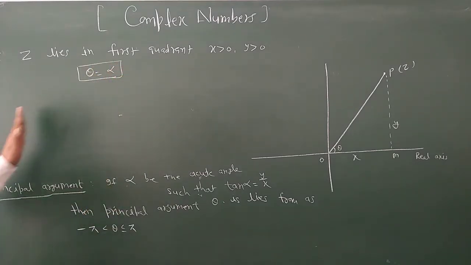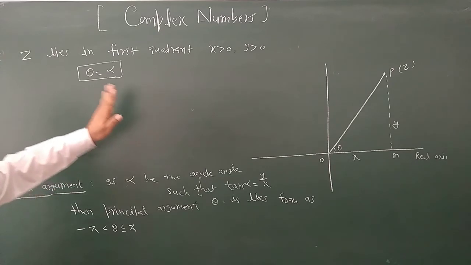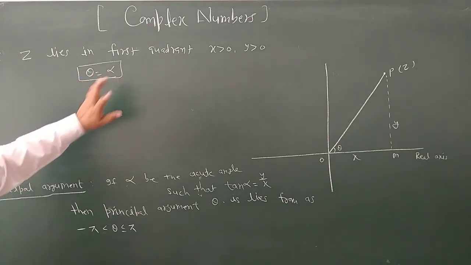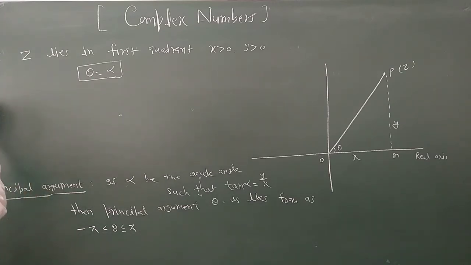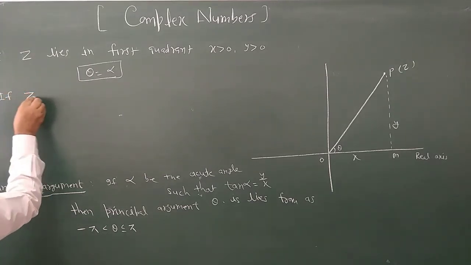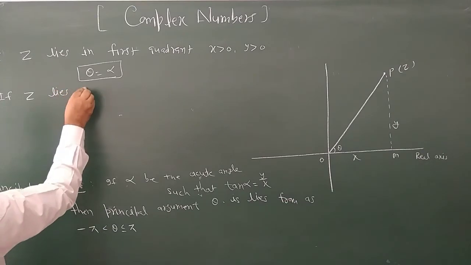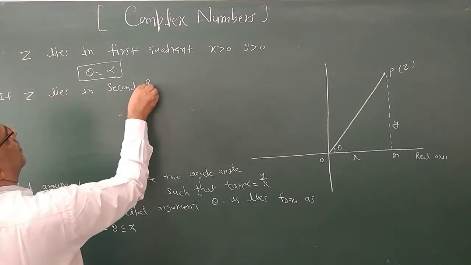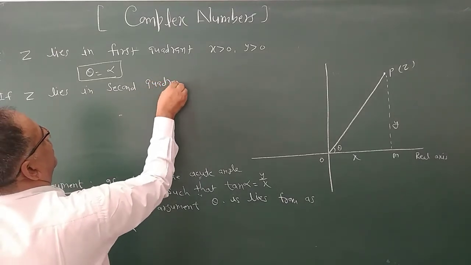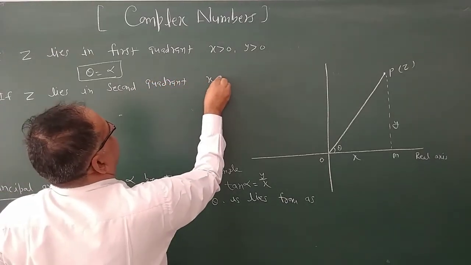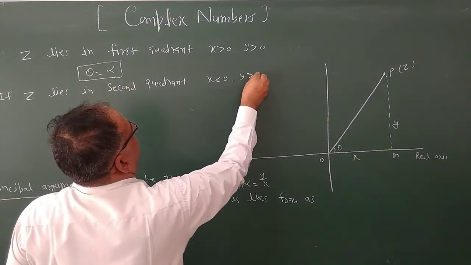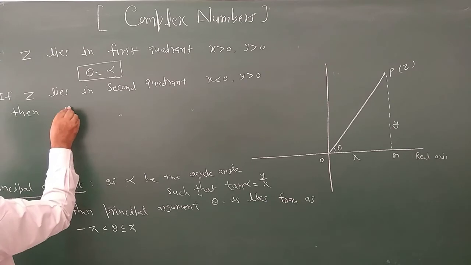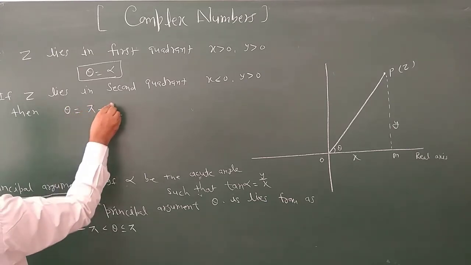If z lies in the first quadrant where x is positive and y is positive, the principal argument theta is equal to alpha. If z lies in the second quadrant, x less than 0, y greater than 0, then the principal argument theta equals pi minus alpha.